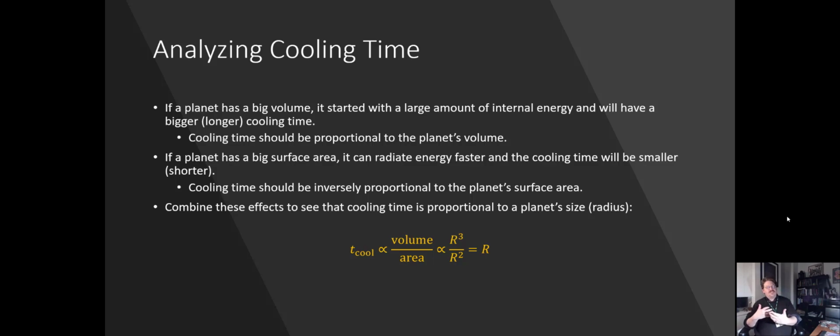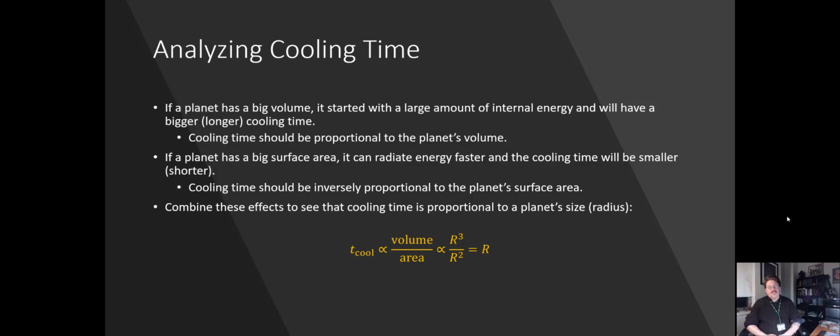So how do we determine this time? Or at least roughly speaking, how do we determine this time? It's fairly straightforward in that you compare the volume of the planet, which is the heat reservoir, to the surface area of the planet, which is where the energy is being dissipated, or how the cooling is happening. And so the time scale, to first order, is the volume of the sphere divided by the area of the sphere.